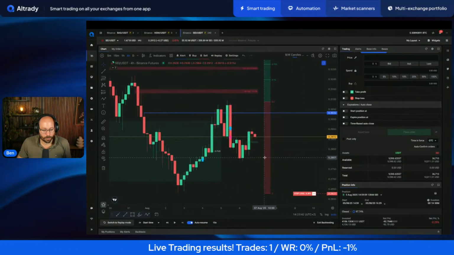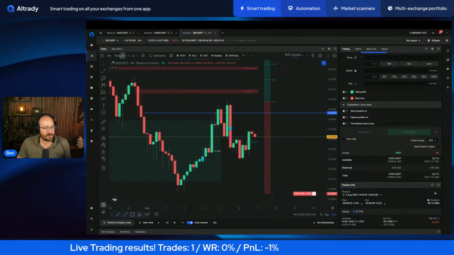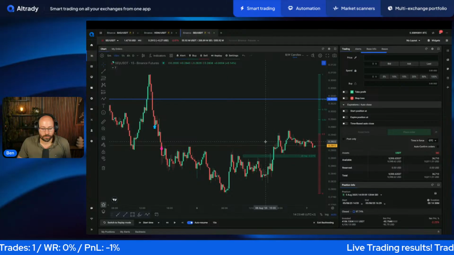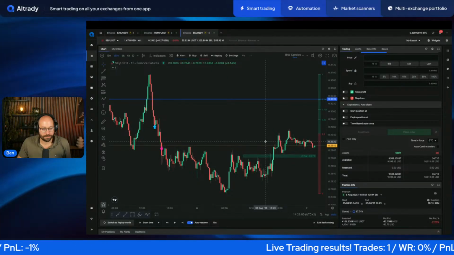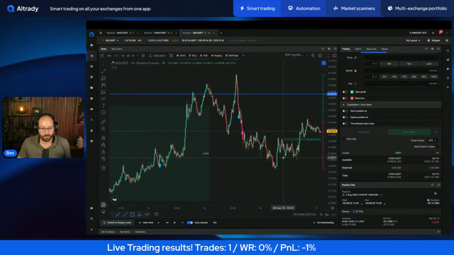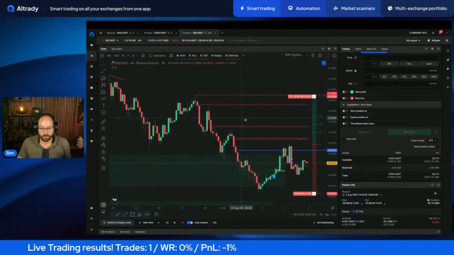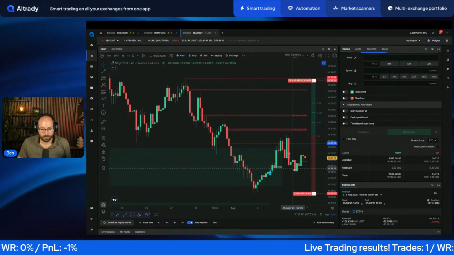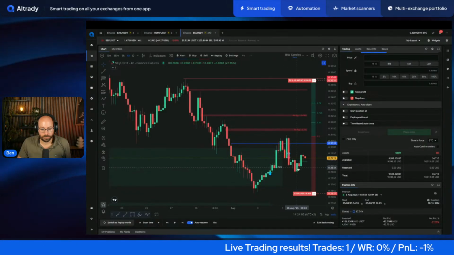We've got the 4-hour fair value gap right here. So what happened there? On 4-hour, can you switch back to 4-hour? Yeah, so you had this fair value gap and kind of went through this one.